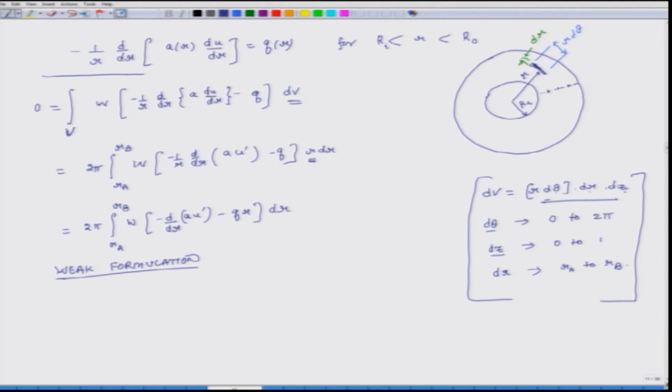So, I shift the differentiability operator from this a u prime to w. Okay.